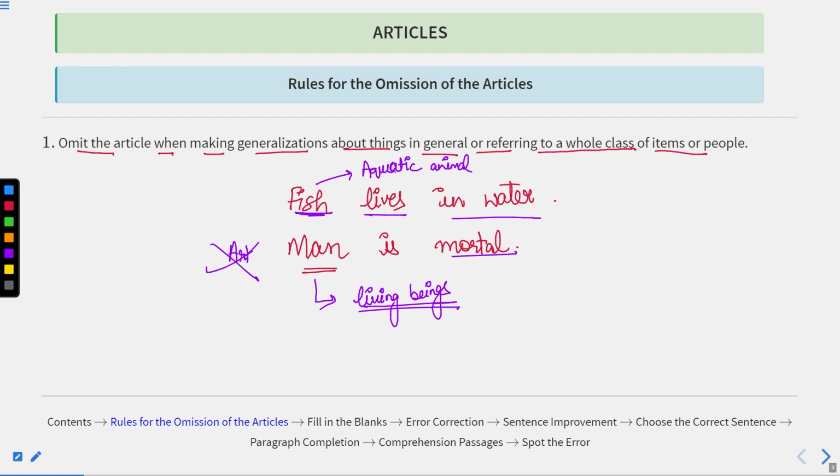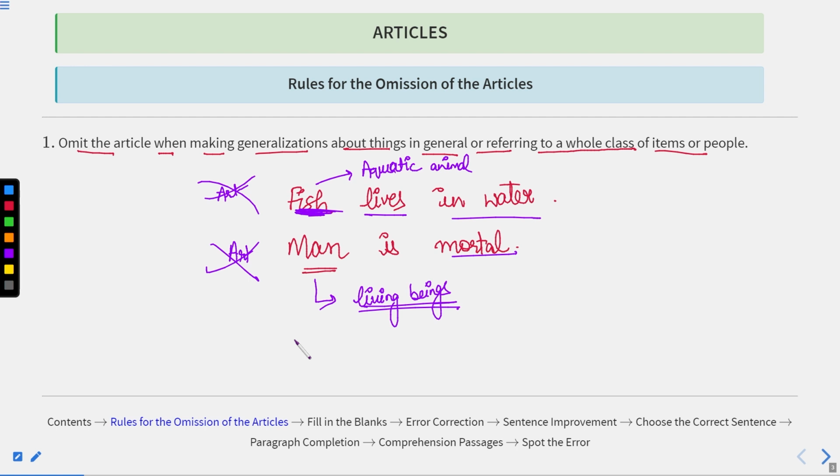So here fish does not mean only the category of fish, but the category of the entire aquatic family. So it defines not only its own category, but the whole class of that particular type. Before that we cannot use any article. So I cannot say the fish lives in water. No, fish lives in water is the correct sentence.